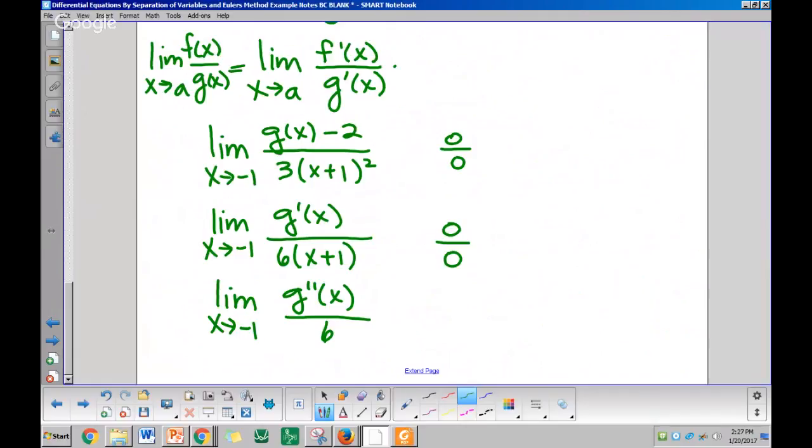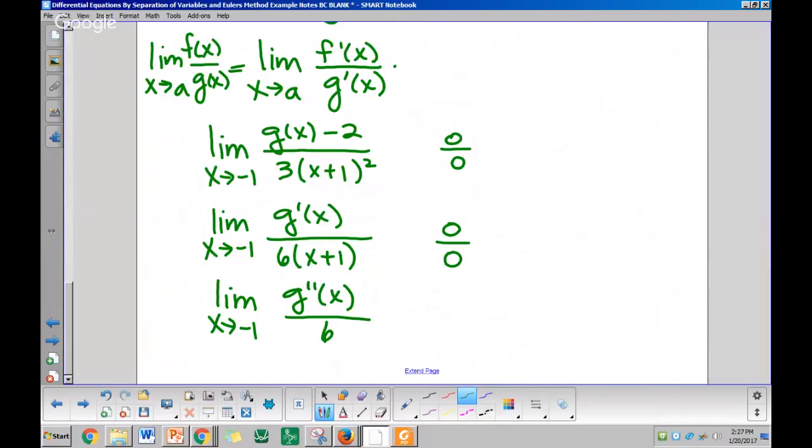So I'm not taking their derivative. But what L'Hopital says is that you can compare their derivatives, their rates of change as they get to that same location. And that'll be equal to the limit, which is really cool. And I'll show you another example in just a minute.